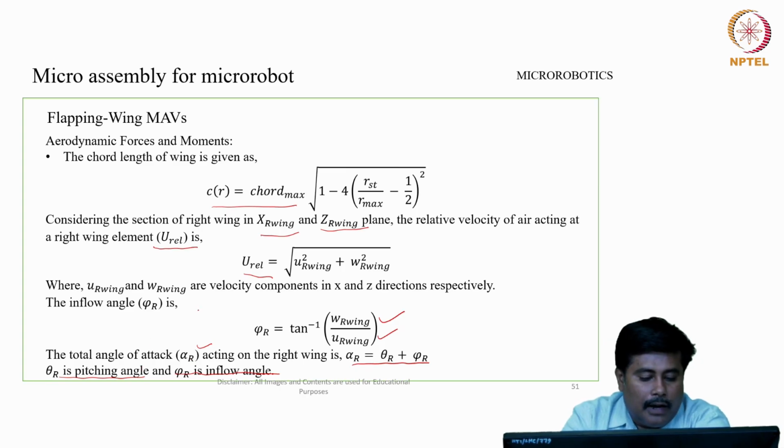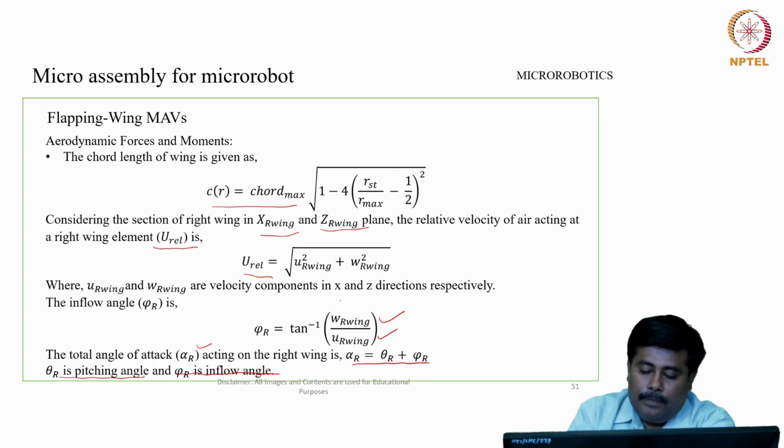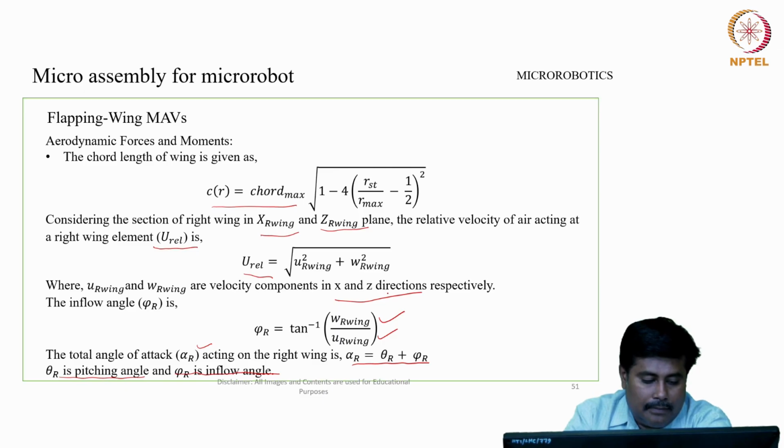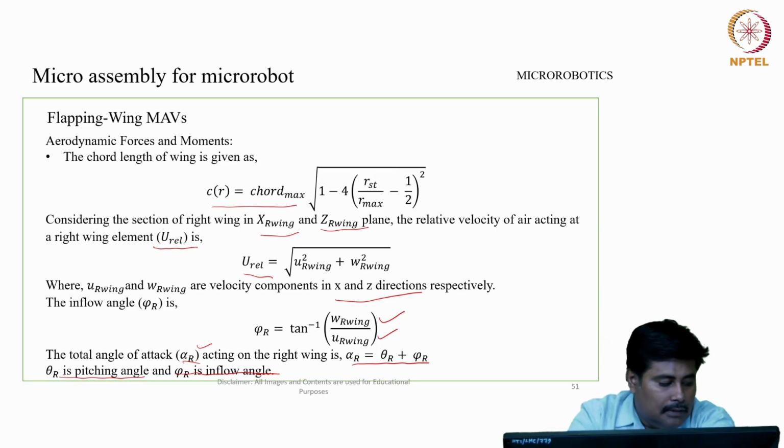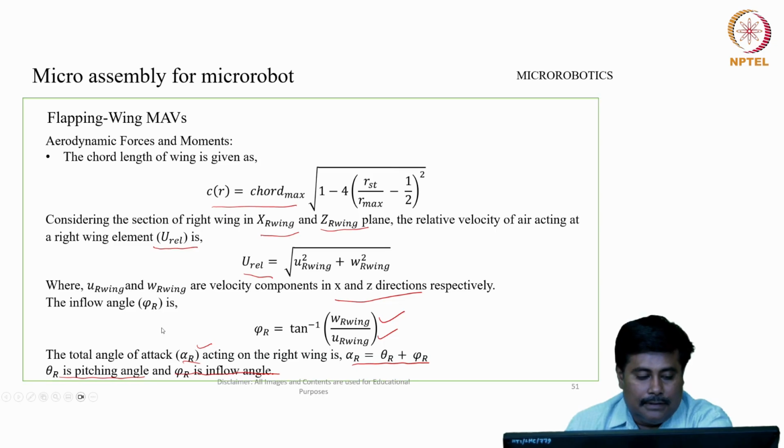So U R wing and W R wing are the velocity components in the X and Z directions respectively. The inflow angle phi R is equal to tan inverse of W R wing by U R wing. Now the total angle of attack, which we call alpha R, acting on the right wing is alpha R equals theta R plus phi R. So theta R is the pitching angle and phi R is the inflow angle.